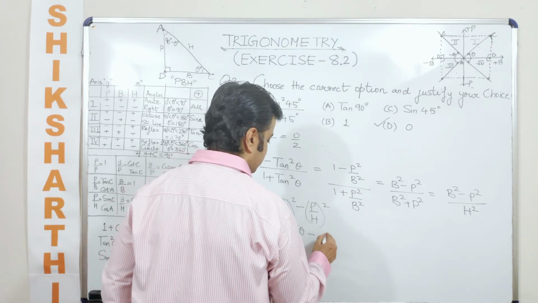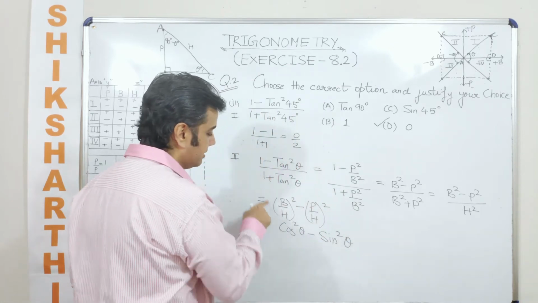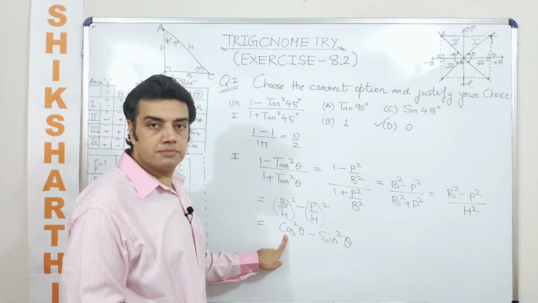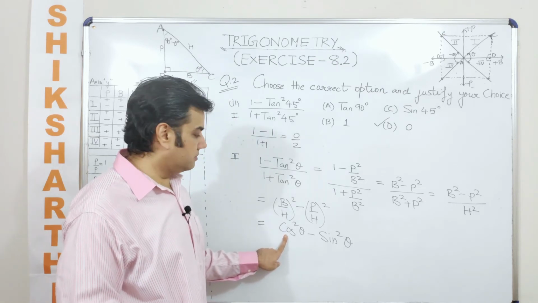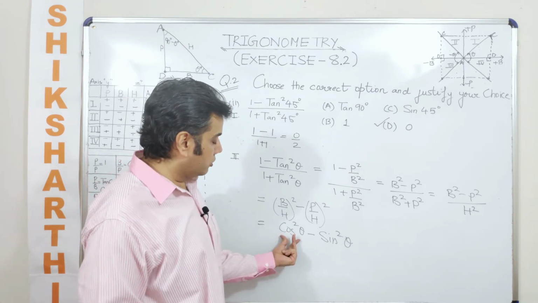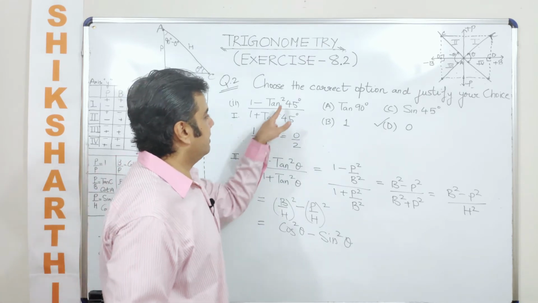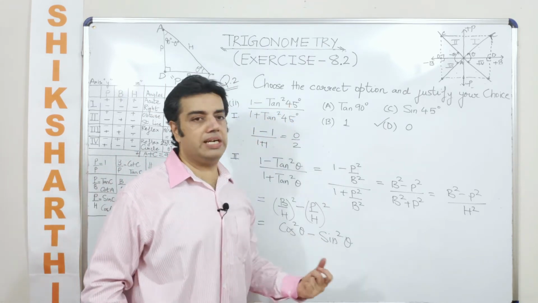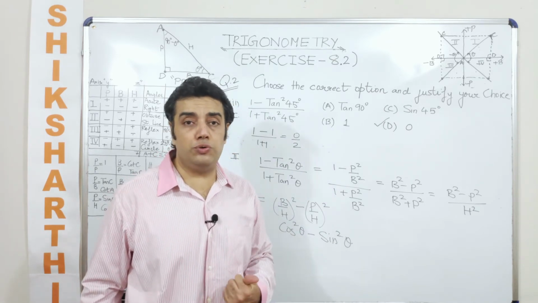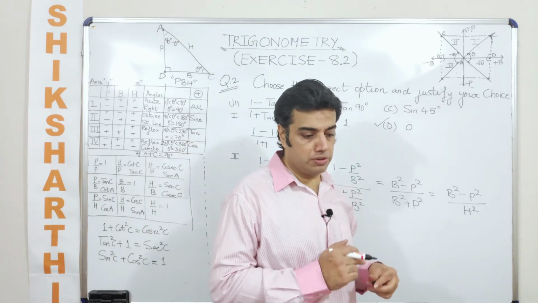And how much is p by h? Sin theta. That means this expression can be written as cos square theta minus sin square theta, right? Yes. So now when I take the value of theta as 45 degrees, we know that at theta equal to 45 degrees, both sine and cos are equal to each other, which is why the answer comes out to be 0. Hope you understood both the methods.